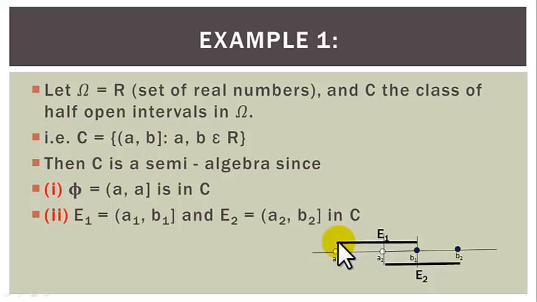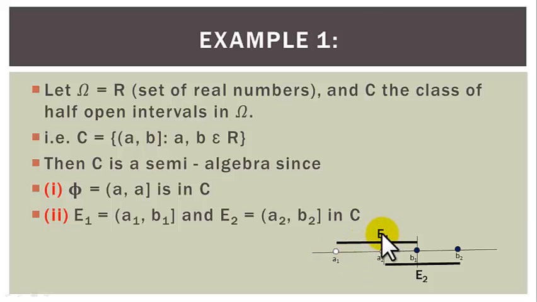The half-open interval E1 is an interval from a1 to b1. It is open here and it is closed here. The solid circle here indicates that the interval is closed at this point, and this circle colored white represents that it is open at this point.